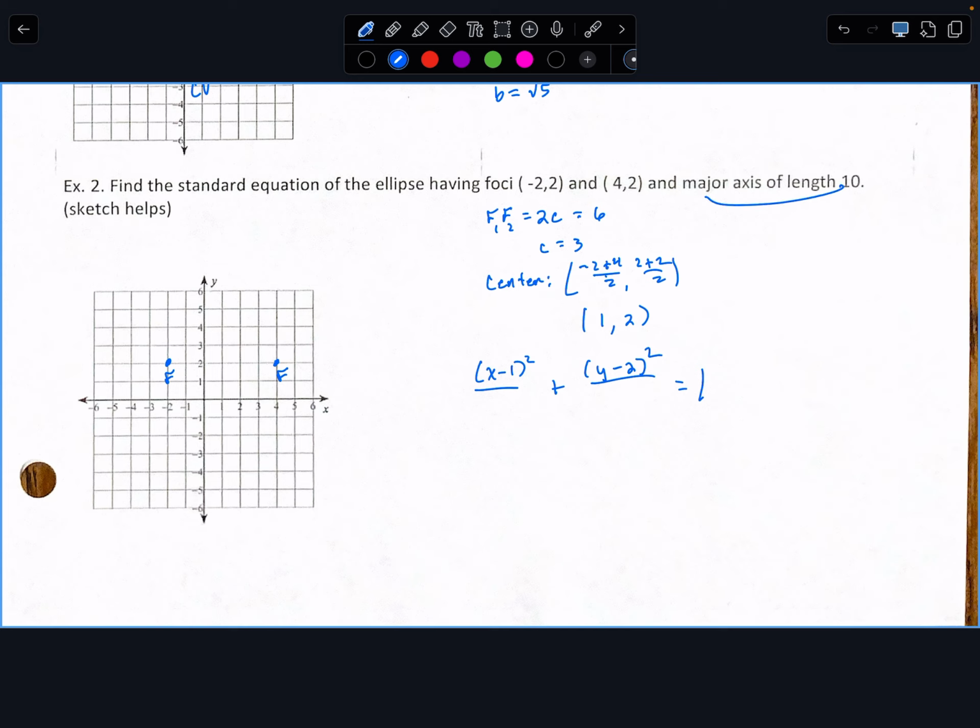And the length of the major axis is 2a, because it's the distance between vertices. So that means a is 5, and that means under x minus 1 squared, I have 25. So there's my center, so that would put a vertex here and a vertex over here.